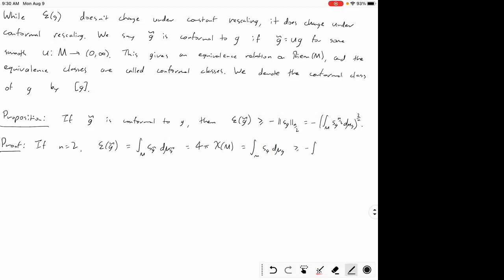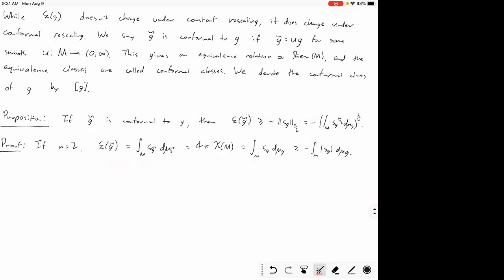So that means the integral of this function is greater than or equal to the negative of its absolute value. And that's exactly what you get here when n is equal to 2. Here, this norm is the L n over 2 norm, which is by definition this thing. Okay, so if n is equal to 2, we've established what we intended to show.